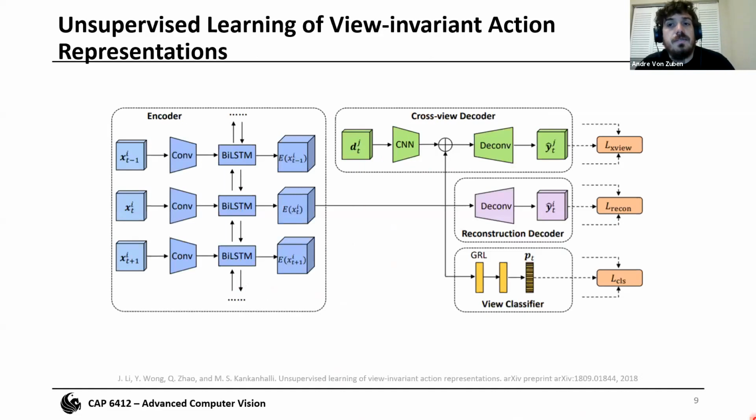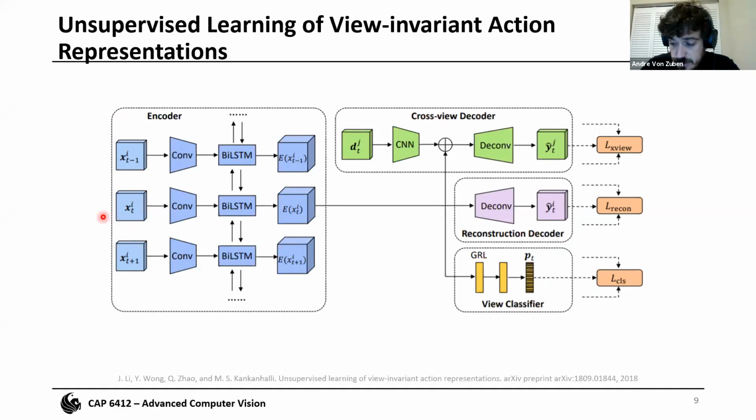The other related work is unsupervised learning of view-invariant action representation. This one is also focusing on generating unseen views from known views, to learn the 3D optical flow of the video. They proposed an unsupervised learning framework to learn the video representation, so they can predict the 3D motion in multiple target views from a source view.